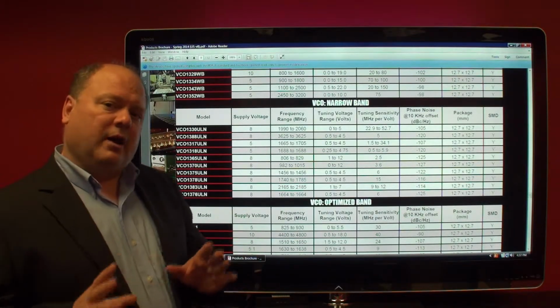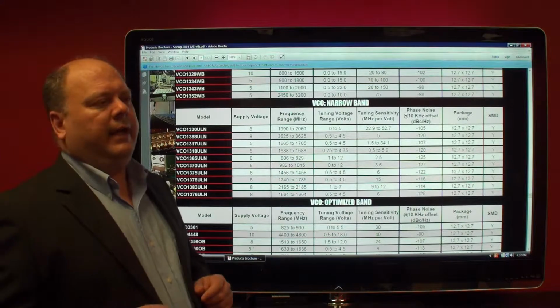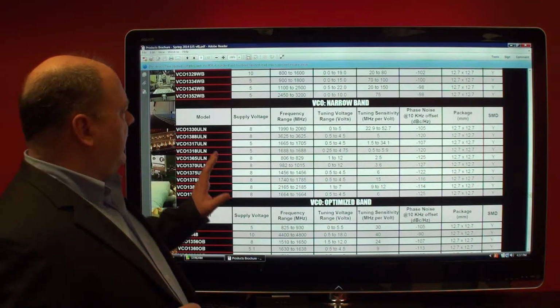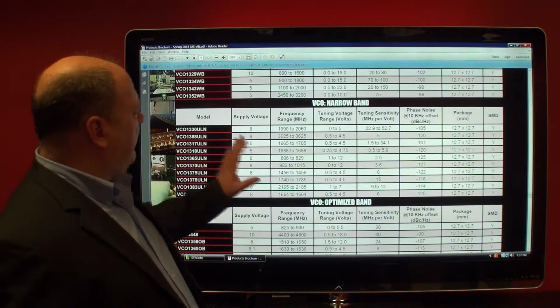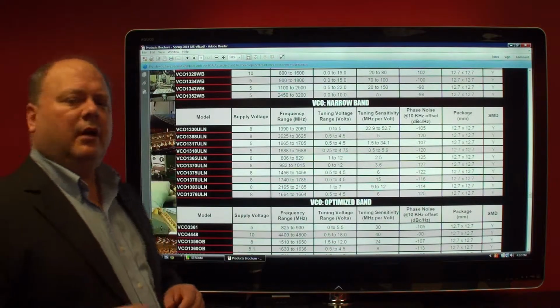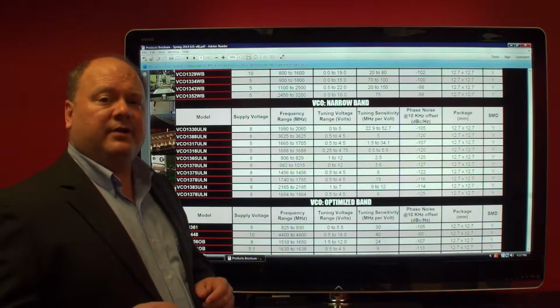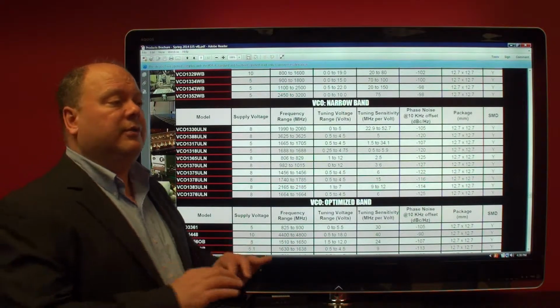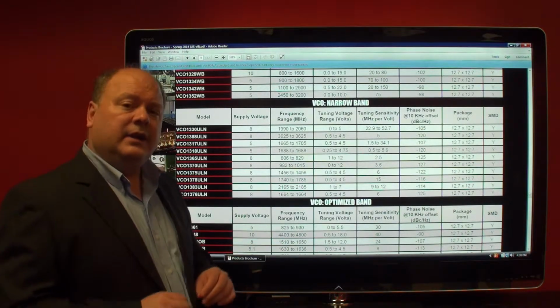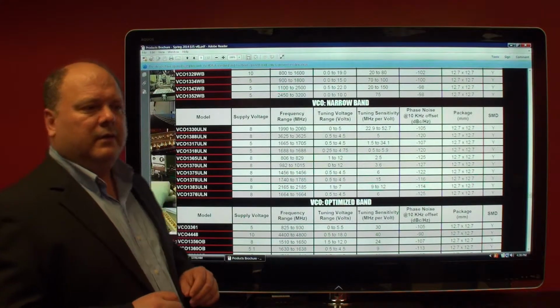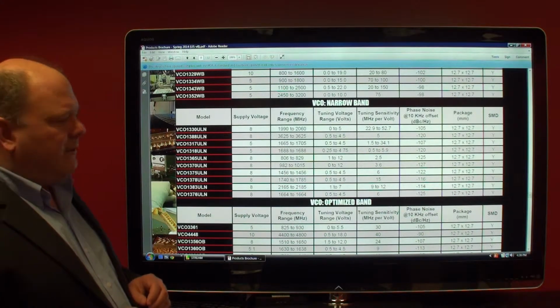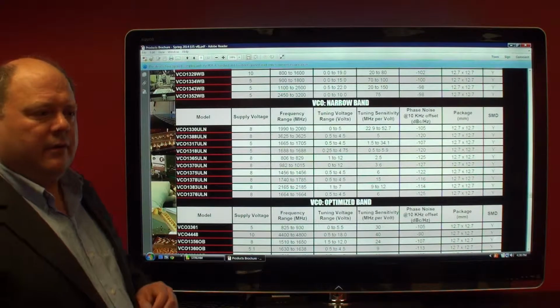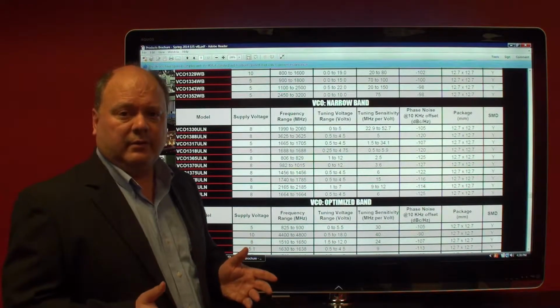We can even go to a couple different packages, and right now included in the brochure is primarily our standard 12.7 by 12.7 millimeter. And again, case by case basis, we can do different things in different packages in the VCO world. VCOs are very basic in the sense that there are certain trade-offs in performance.